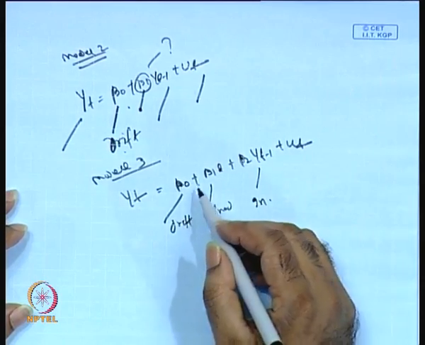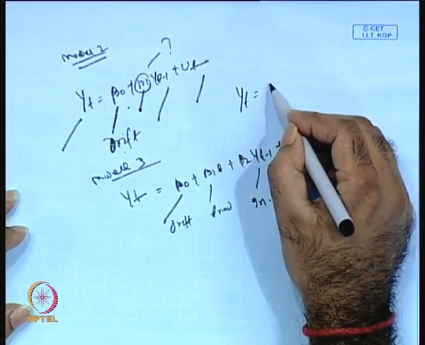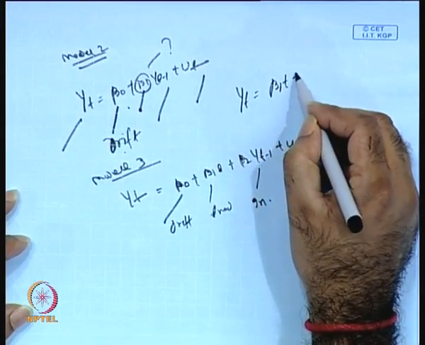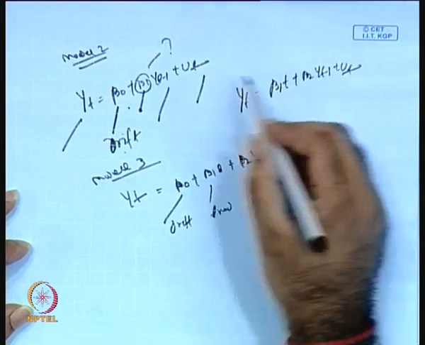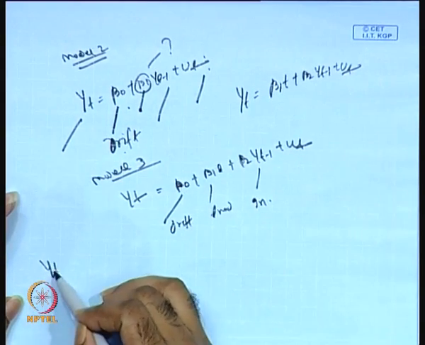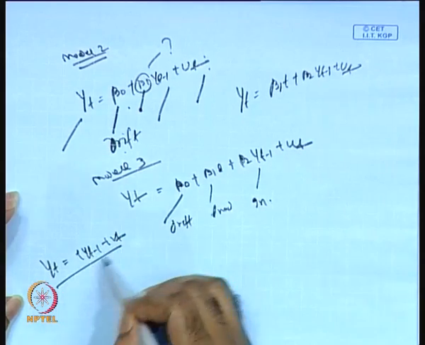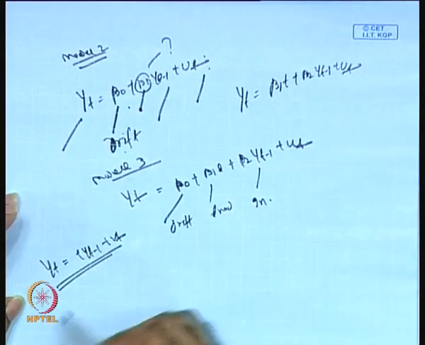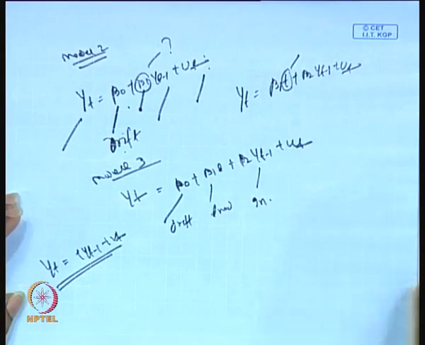In fact, in between there is a model I can write like this: yt equal to simply beta 1 t plus beta 2 yt minus 1 plus ut. So, when I write a simple model like yt equal to rho yt minus 1 plus ut, this particular model has no drift and no trend. This small t stands for trend here.